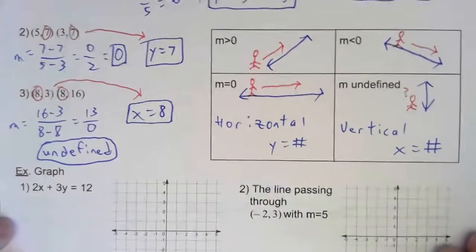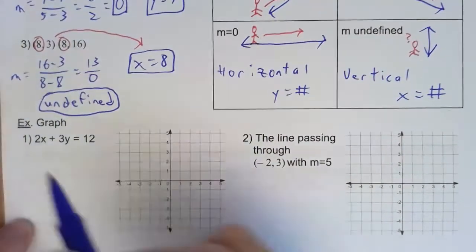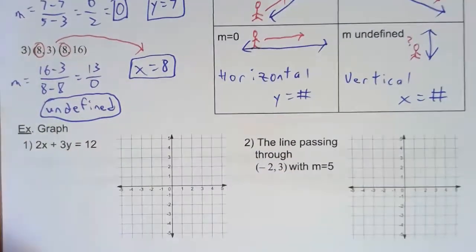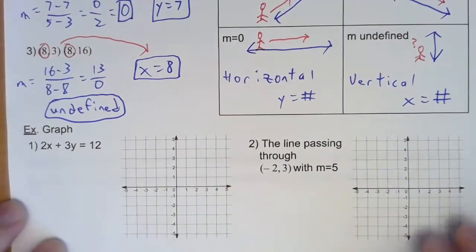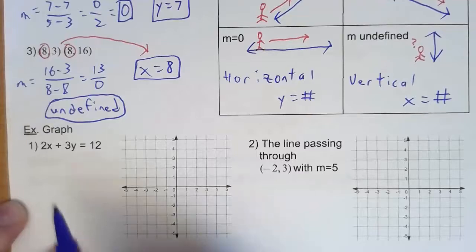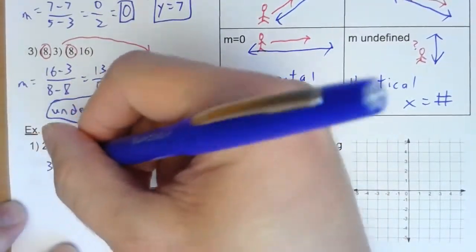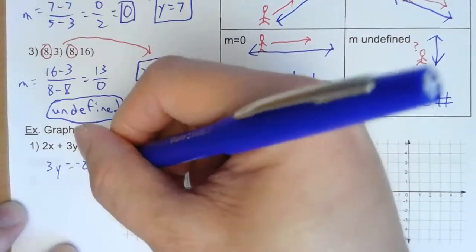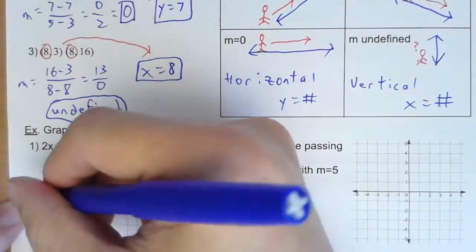All right, so let's go ahead and graph some lines here. If we want to graph a line here, often the first thought that people have is to go ahead and get it in slope-intercept form. So we can isolate the y, we can subtract the 2x. We'll have 3y is negative 2x plus 12, then divide everywhere by the 3.